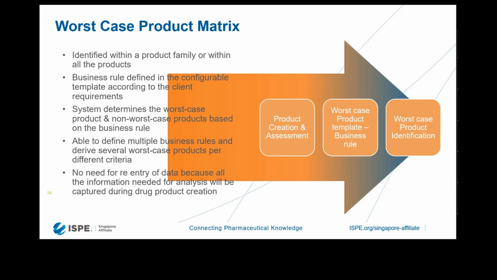I also talked about metadata. If something is not there in the static screen, there are other ways to capture the metadata, additional information. That information can be pulled to calculate and identify the way you identify worst case product.